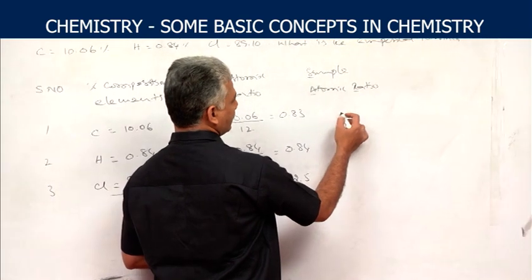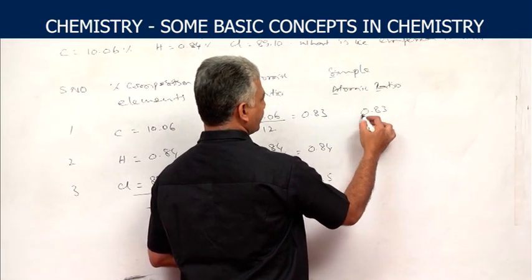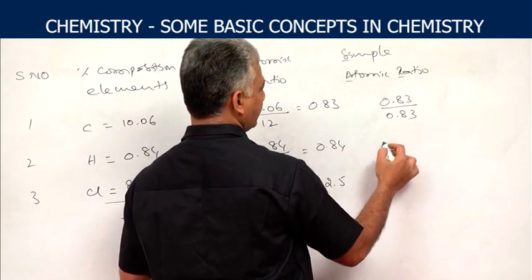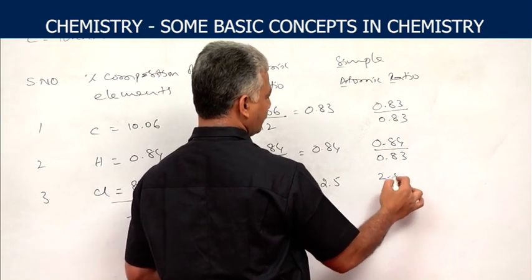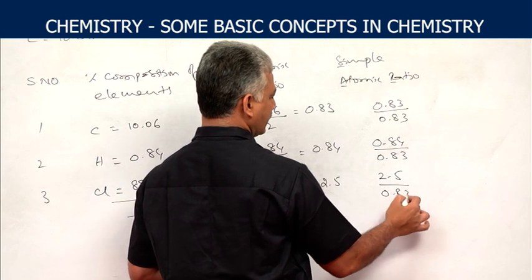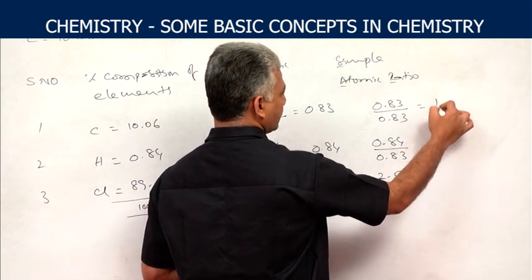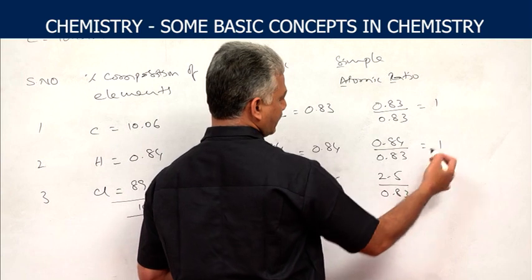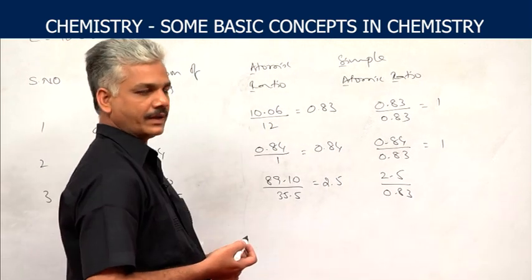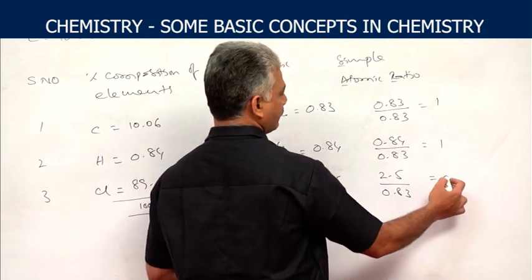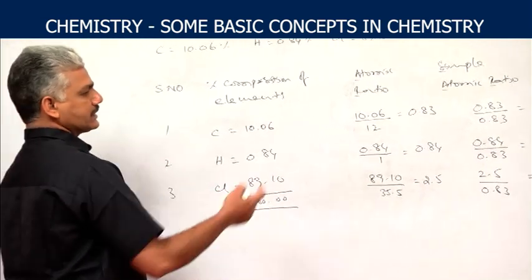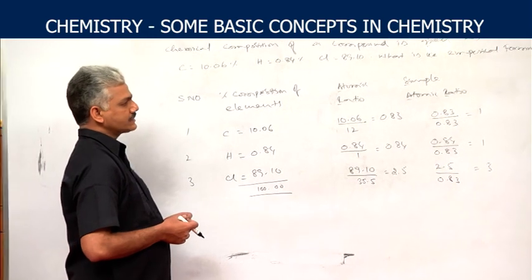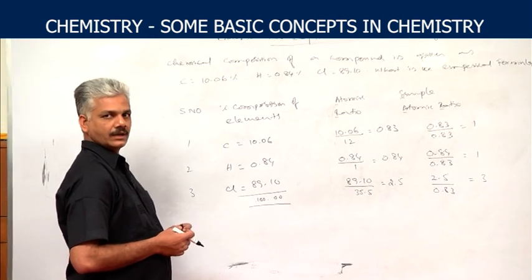So, in the simple atomic ratio column, 0.83 by 0.83, 0.84 by 0.83, 2.5 by 0.83. This value comes out to 1, second value also comes out to 1 approximately, the third value comes out to 3 approximately. So, those adjusted integer values will be taken as a simple atomic ratio.